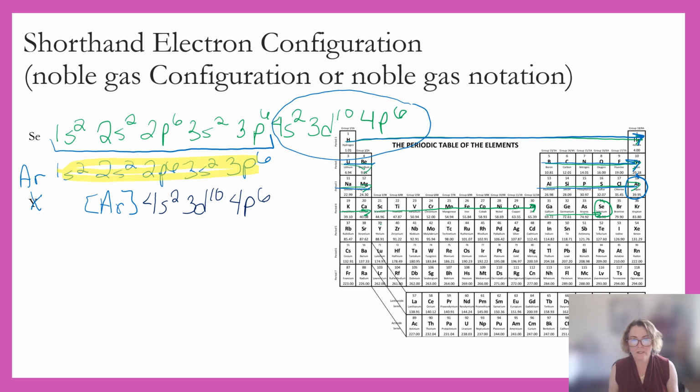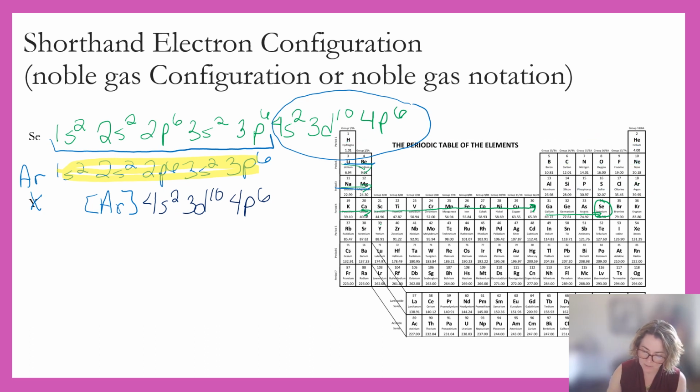Now in general, what I tell students to do, and we'll do yttrium next, and let me go ahead and erase everything that I have on the periodic table here. There we go. So we were interested in selenium. What I tell students to do is look for the noble gas that ends the period before the period the element you're working on is located in.